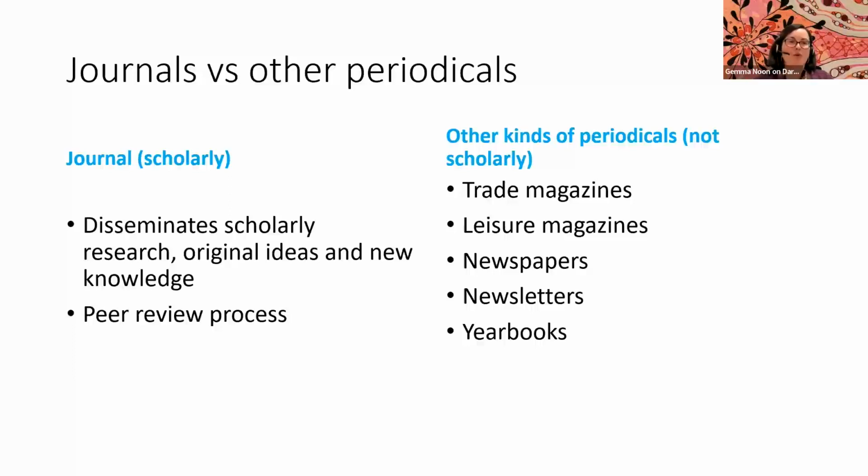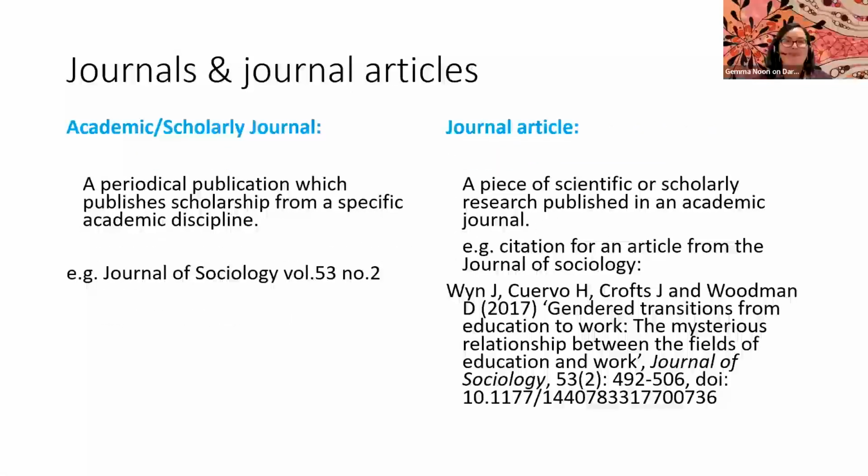Whereas academic or scholarly journals, they have got a different sort of purpose. So they disseminate scholarly research, original ideas and new knowledge, and they go through that peer-reviewed process that I mentioned before. Next slide, please, Fiona.